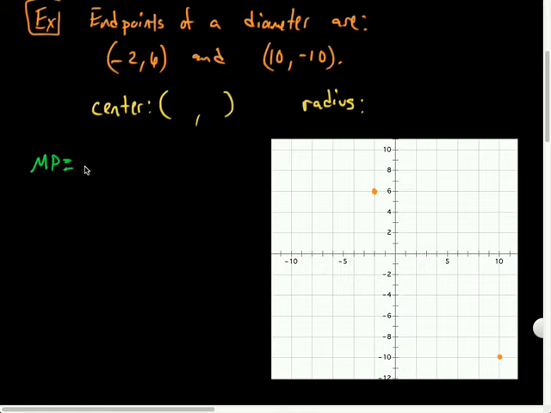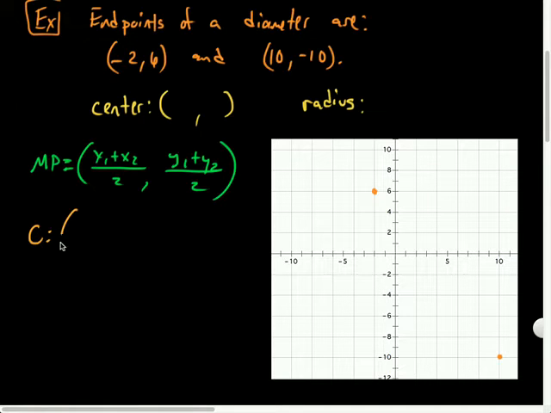I'll give us the formula again. It was (x1 plus x2) over 2 and (y1 plus y2) over 2. So that's the formula that I'll use, which I described, by the way, as the average of the x's and the average of the y's. So our center is going to be (-2 plus 10) over 2, and (6 plus -10) over 2.